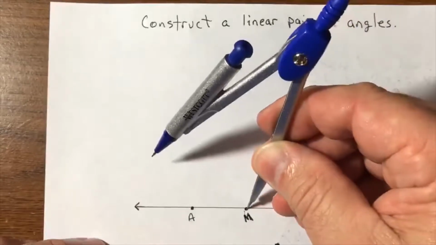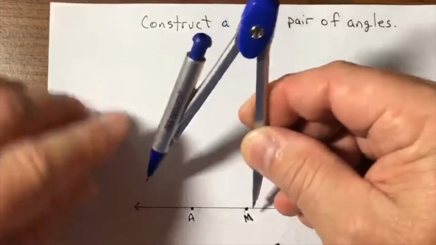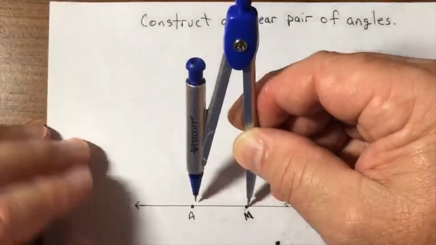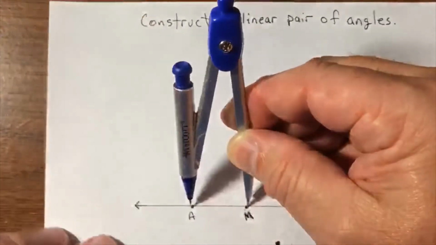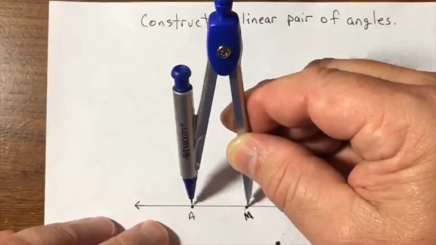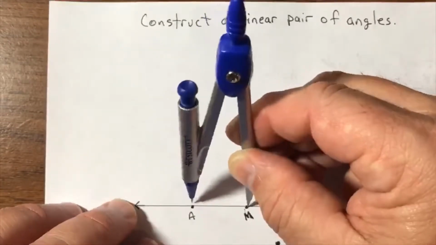Now let's go ahead and readjust our compass so it has the length MA, the same length as MA.